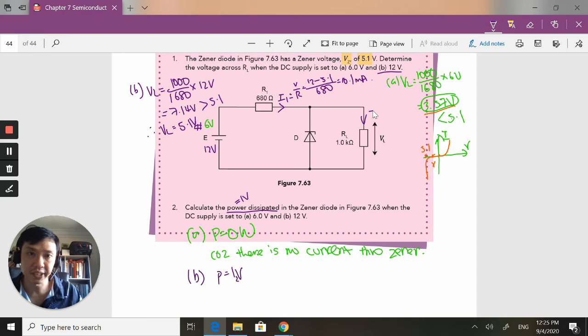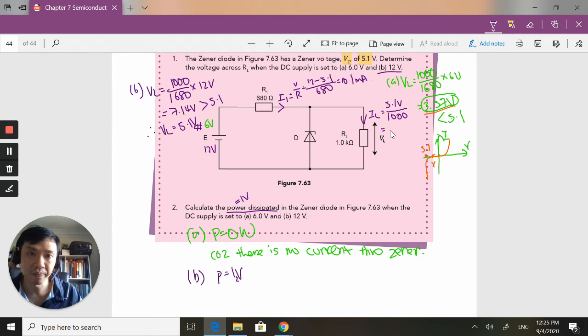Let's call this IL. IL is V over R, where V is 5.1 volts, remember, it's held at the zener voltage, and R is 1000.